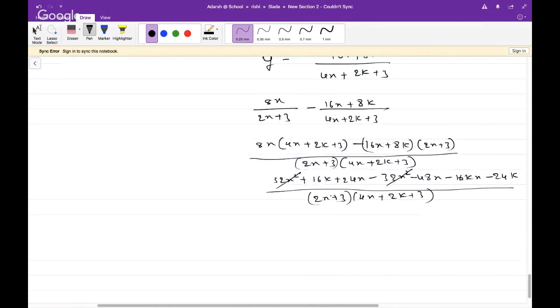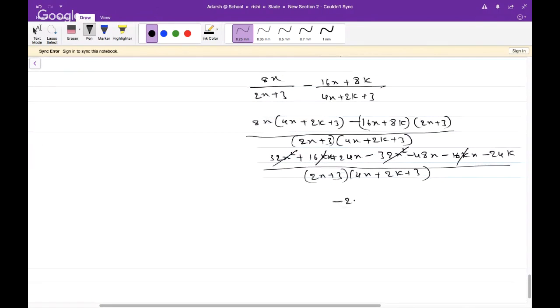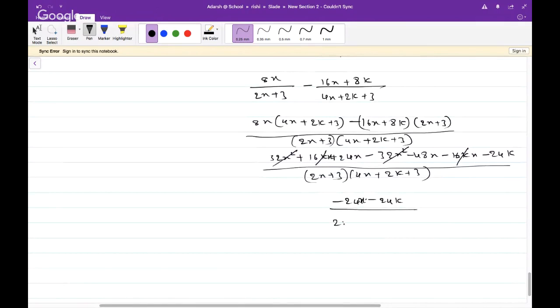8 into this is 8kx, 24x. So now 8kx, 16kx, and 16kx get cancelled. Then 24x, and this can be written as minus 24x minus 24k divided by 2x plus 3 into 4x plus 2k plus 3.